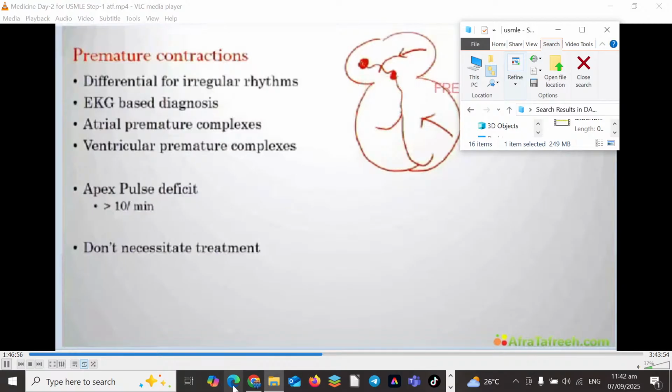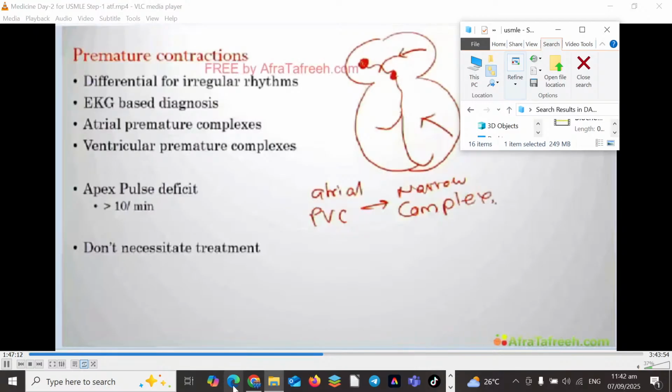So an atrial premature contraction is always narrow complex, and a ventricular premature complex is always wide complex.